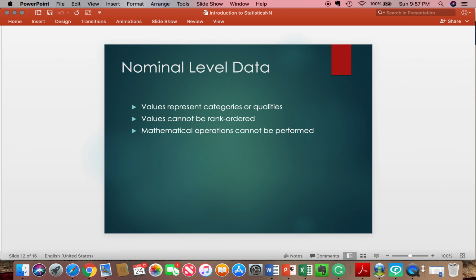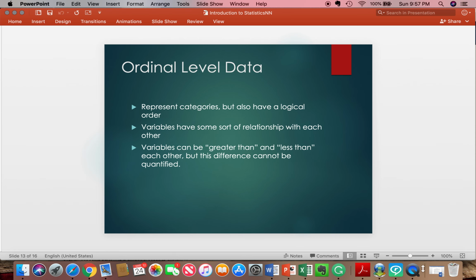With nominal level data, values represent categories or qualities. Values cannot be rank oriented, and mathematical operations cannot be performed. With ordinal level data, these represent categories, but also have a logical order.